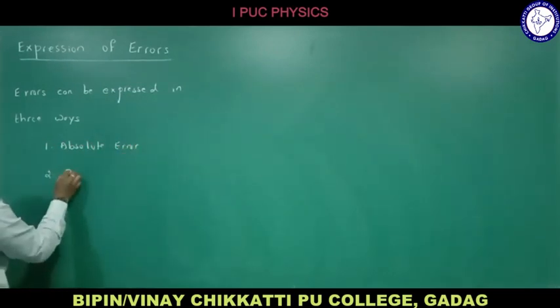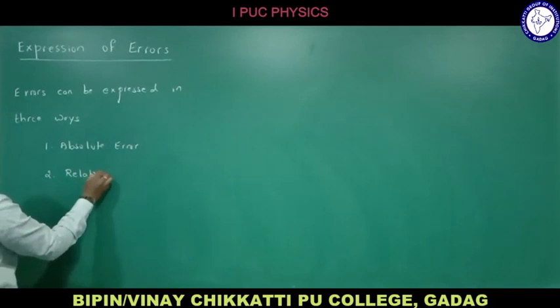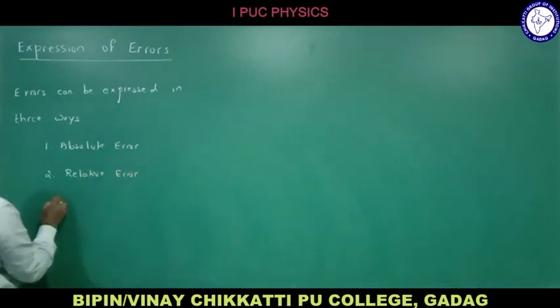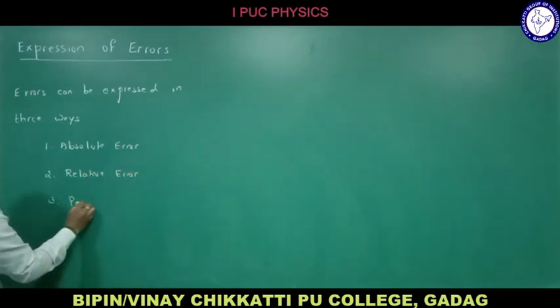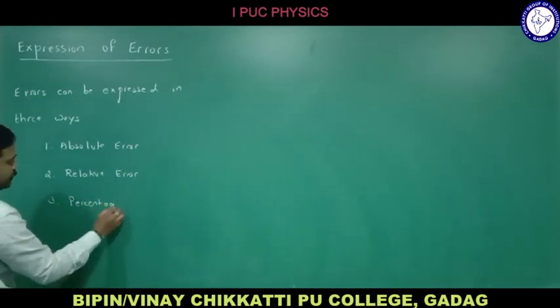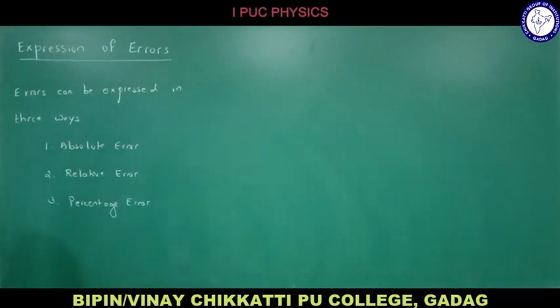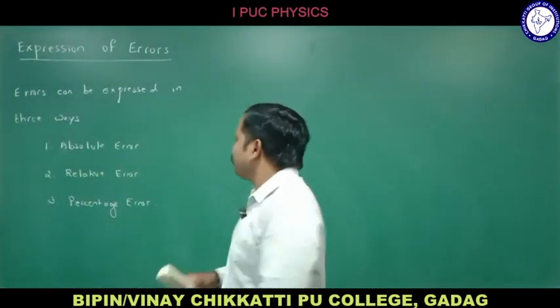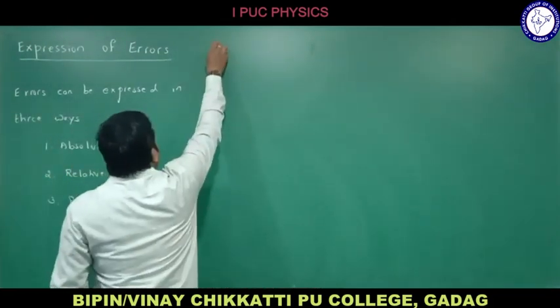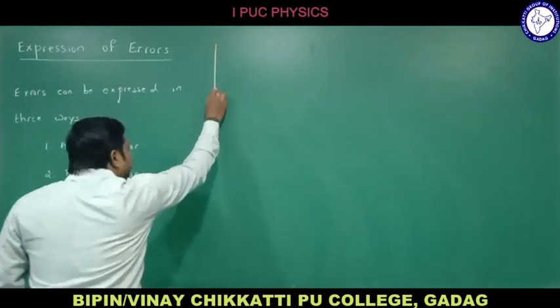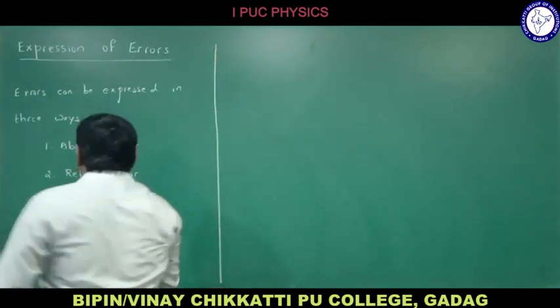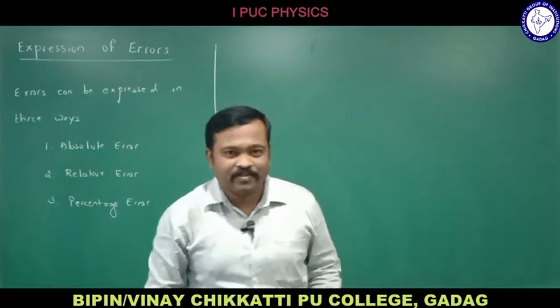The second one is relative error. The third one is percentage error. So there are three ways to express the errors: absolute error, relative error, and percentage error. Let us understand one by one in detail.